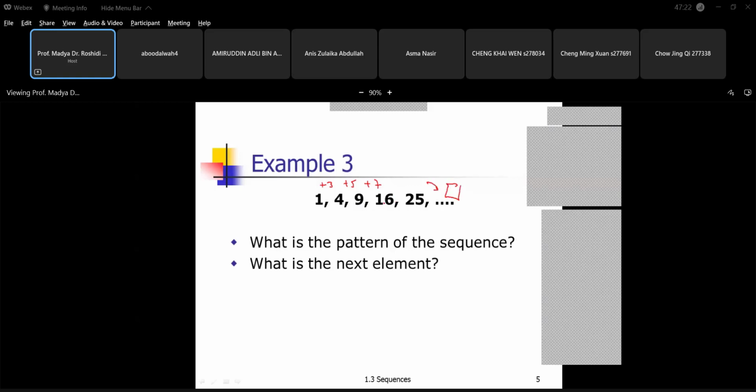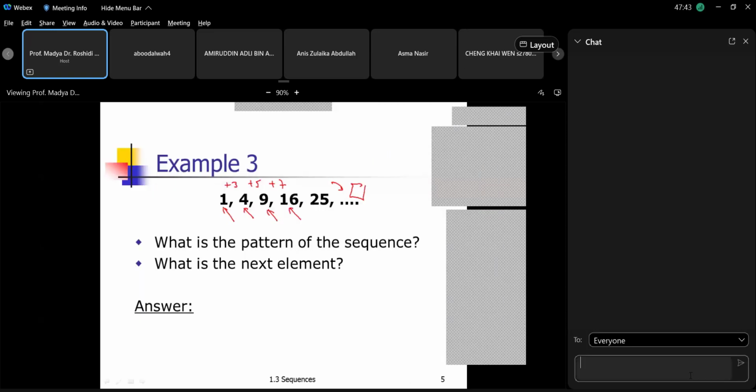So there is another type of pattern we call based on the number itself. Previously we looked between these two numbers, but in this case we look at the location of each of the numbers. For example, here number 1 is actually at N1, here N2, here N3, and so on.